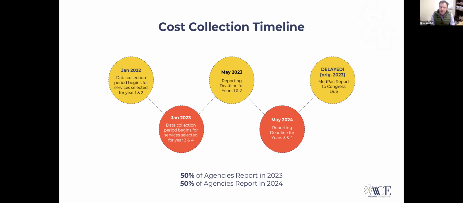So if you elected the calendar year, you would collect data for that 12-month period. And then following the end of that calendar year, you would have 5 months to submit your report. So if you were filing based on calendar year 2023 data, your data is due no later than the end of May 2024.